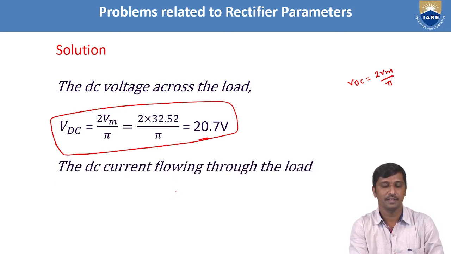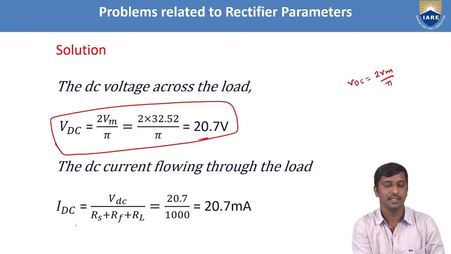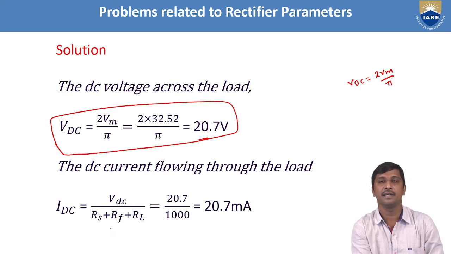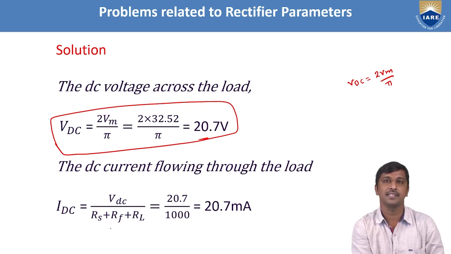Now again we need to calculate the DC current flowing through the load. We know that IDC is represented by VDC divided by the total resistance. In the given full wave rectifier problem, they mentioned the transformer secondary resistance together with the diode forward resistance, RS plus RF, along with the load resistance.